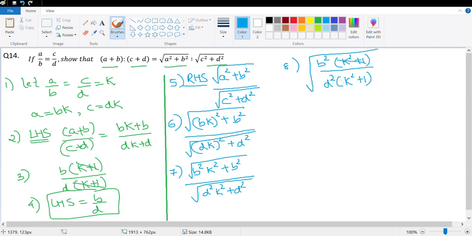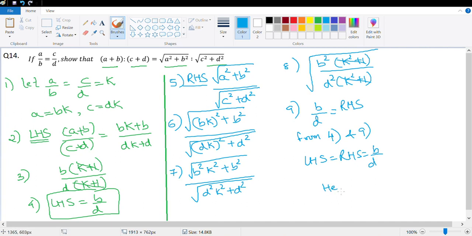K square plus 1 and K square plus 1 gets cancelled, which means this is B square upon D square, which is equal to B upon D, which means B upon D is equal to RHS. So from 4 and 9, we get LHS is equal to RHS, which in this case was equal to B upon D. So hence proved.